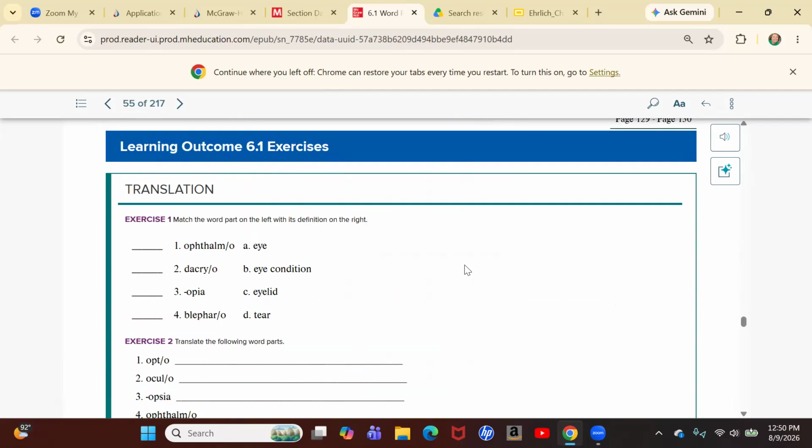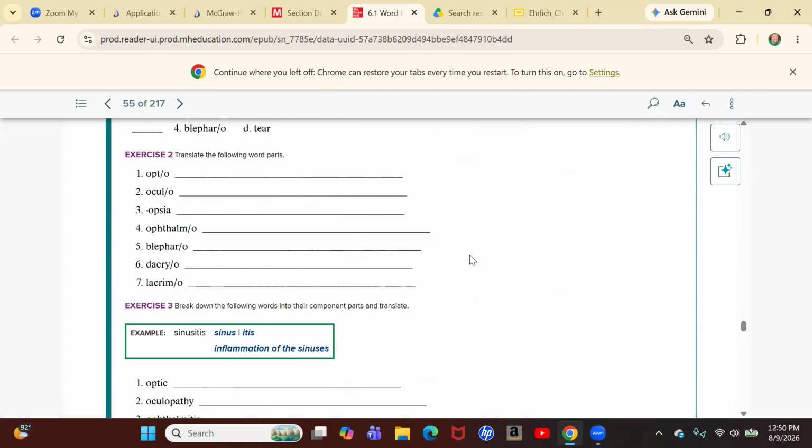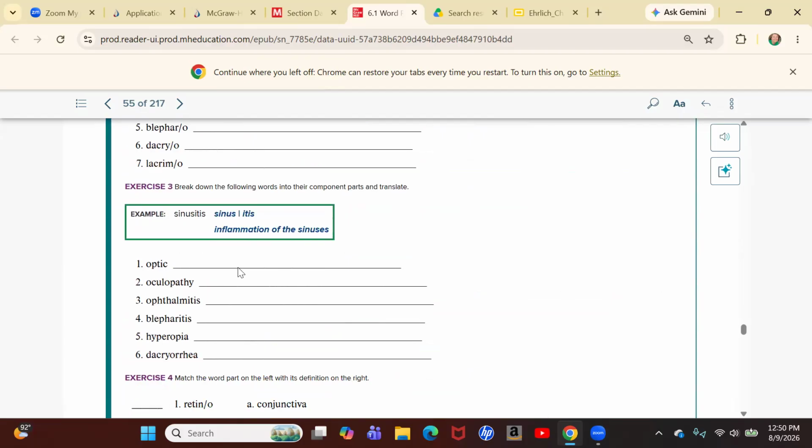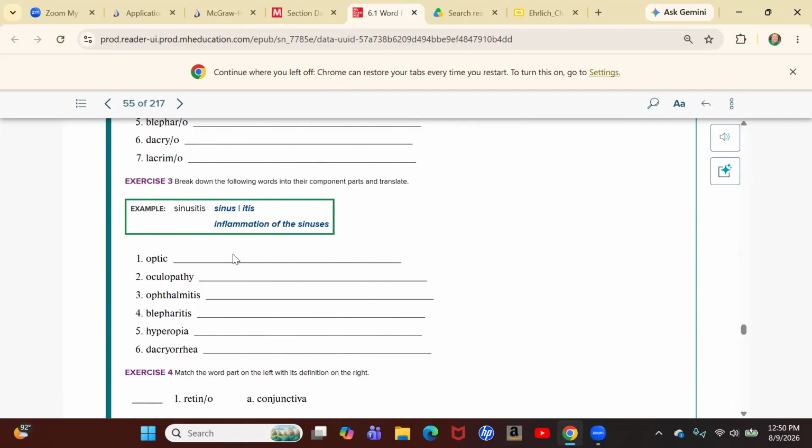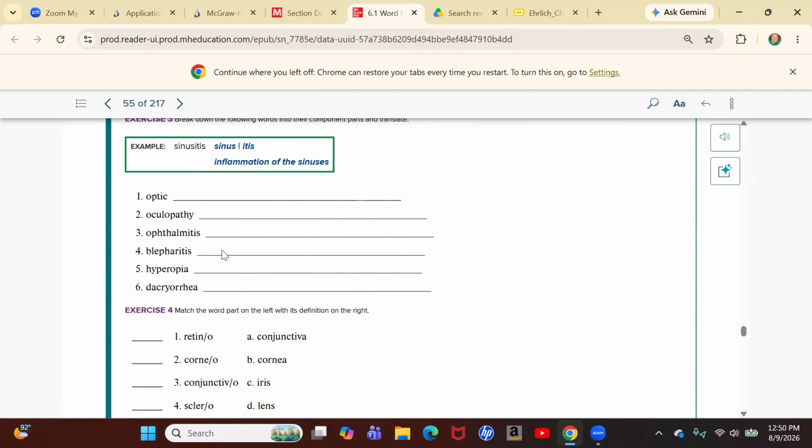Learning outcomes, as always, make sure you do them. Okay, let's see if there's any that are standing out here. Let's see, opto eye, oculo eye, vision, tear. Okay. Exercise 3, break down into their word parts here. Pretty straightforward.